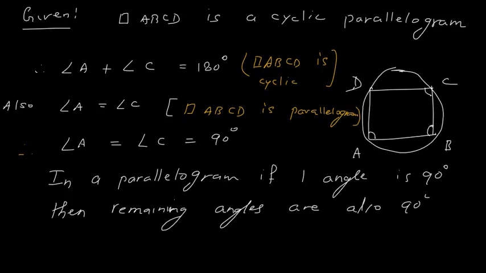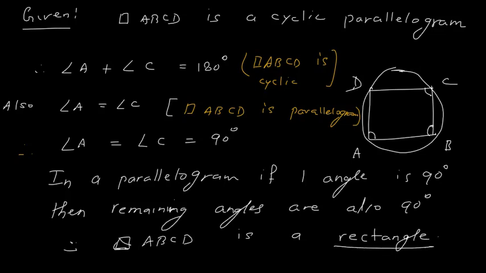Therefore this ABCD is a rectangle. As we have proved that angle A and angle C are 90 degrees, in the same way we can prove that angle B and angle D are also 90 degrees. So all the angles of parallelogram ABCD are 90 degrees. Therefore ABCD is a rectangle.